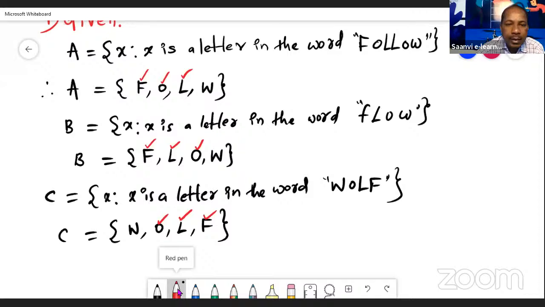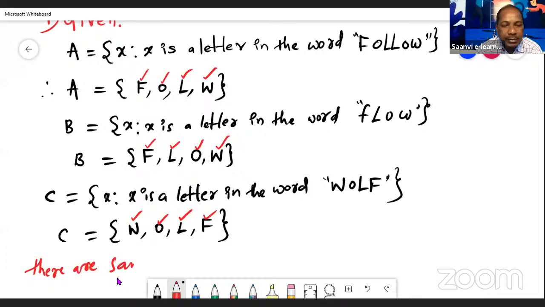In set A, the element W is there. In B also W is there. And in set C also W is there. It means in these 3 sets A, B, and C, the same elements are there. The order may differ, but the same elements are there in set A, set B, and set C. So what can we conclude here?